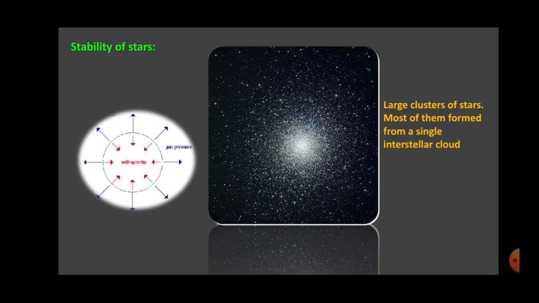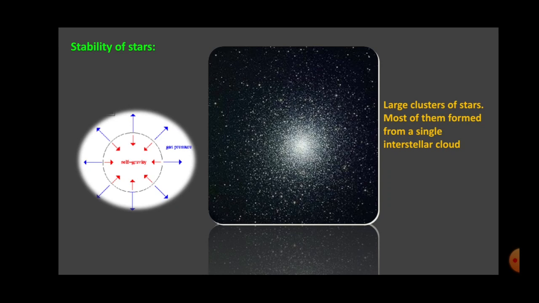The gas has a very high pressure and a high temperature. The gravitational force keeps the gas particles together, but on the other hand, the high pressure tries to disperse the gas particles, and these two balance each other, and due to this the star remains stable.